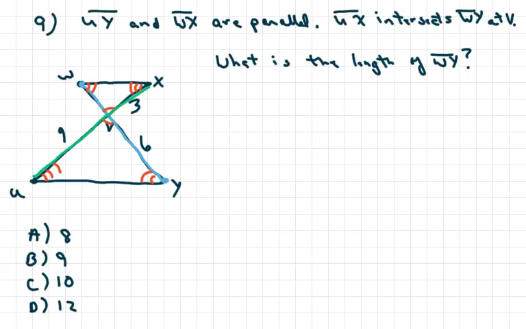And it's triple the length based on the figure, because 3 times 3 is 9, sorry. So segment VW is going to have to be a third of 6. A third of 6 equals 2. So the question asks for the length of WY, which is going to be 2 plus 6, which equals 8. And that is your answer, which is answer A.